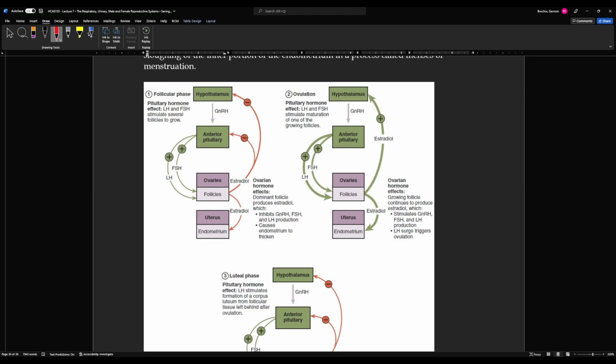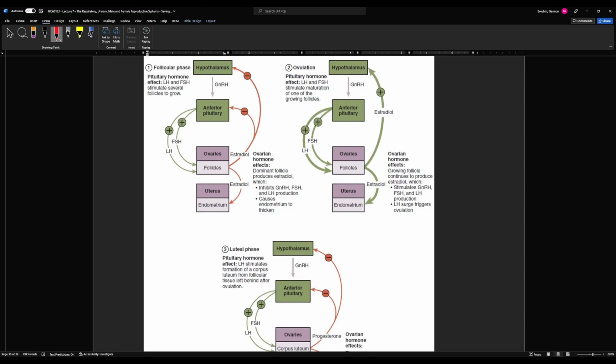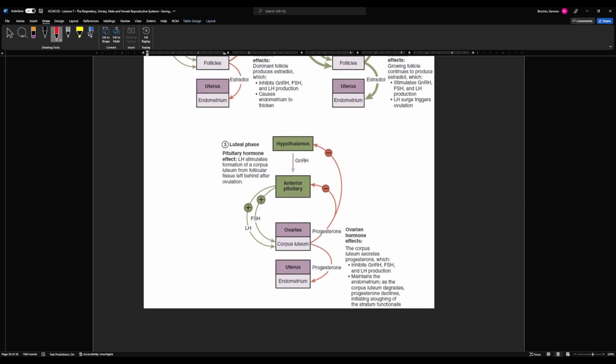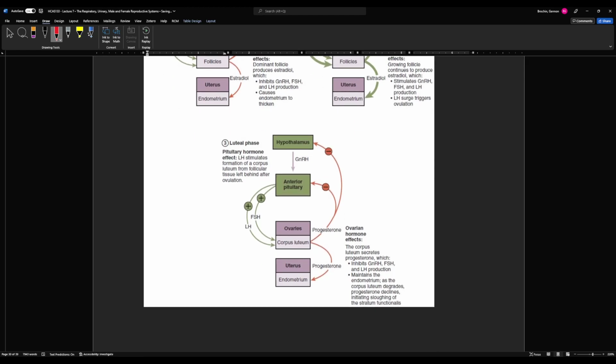The ovulatory phase, we see in LH, luteinizing hormone, a surge, which really then stimulates further development of the follicle and release of the follicle, as well as the final preparations of the endometrium for having an implanted fertilized oocyte. And then our last phase is the luteal phase.